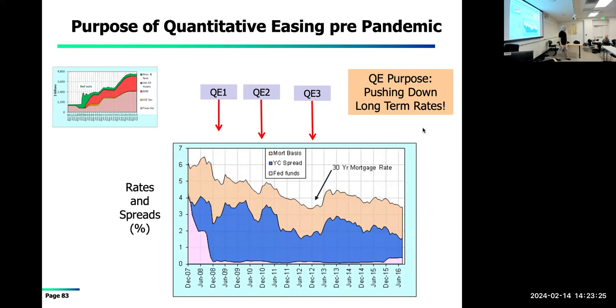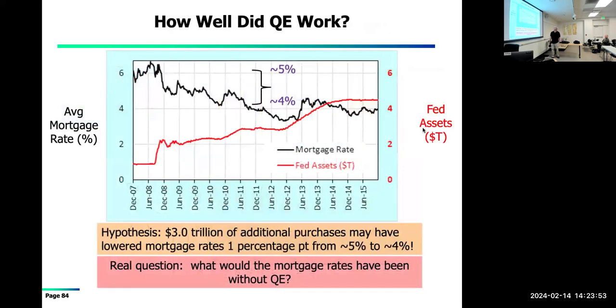Mortgage rates are priced off the long bond, but it's called the basis, and that varies a good deal. Their idea was: we want to keep long-term rates as low as we can, and quantitative easing, putting the money in there, keeps longer-term rates down, and that helps stimulate economic growth because lower interest rates help grow the economy. That was the idea.